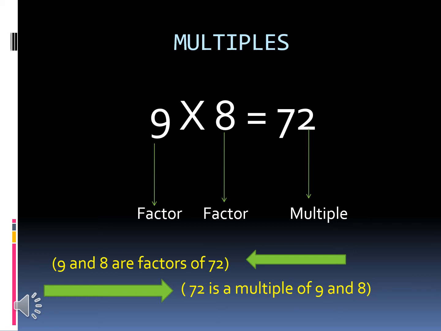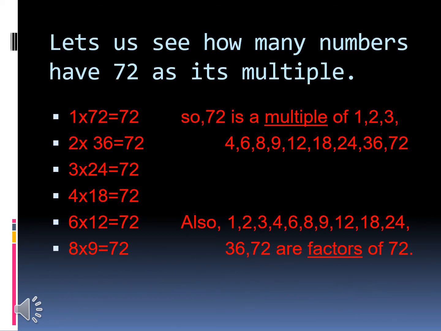How is 72 related to 9 and 8? 72 is the multiple of 9 and 8, right? So we get a relationship. If 9 and 8 are factors of 72, then 72 is multiple of 9 and 8, right? Now let us see how many numbers have 72 as their multiple.